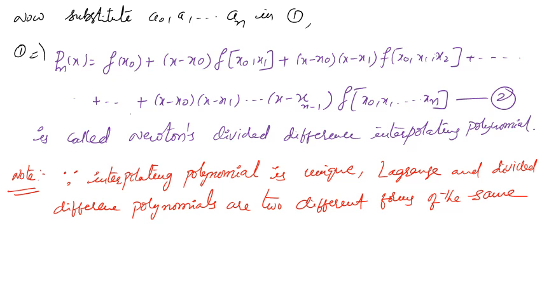That means using both formulae we will get the same polynomial, even though the formulas may look different, whatever polynomial we get is unique.